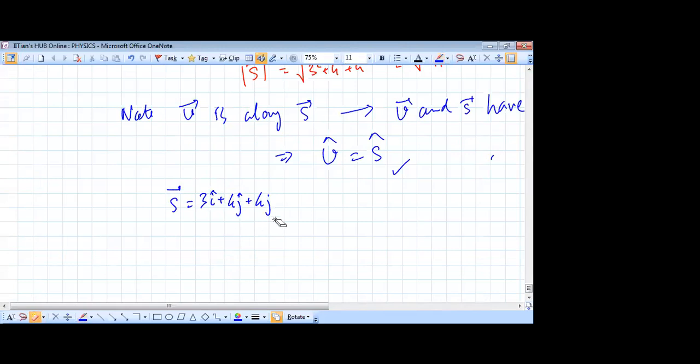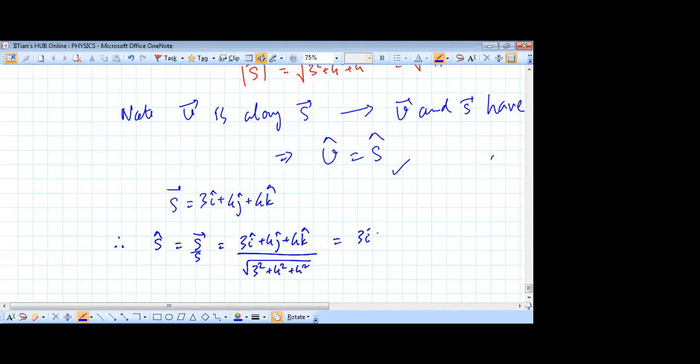So a unit vector along the S, or what we call S cap, will become 3i cap plus 4j cap plus 4k cap divided by its own magnitude, so divided by square root of 41.